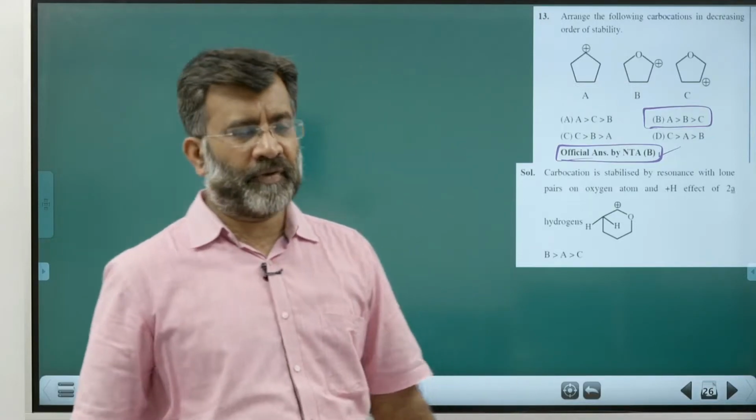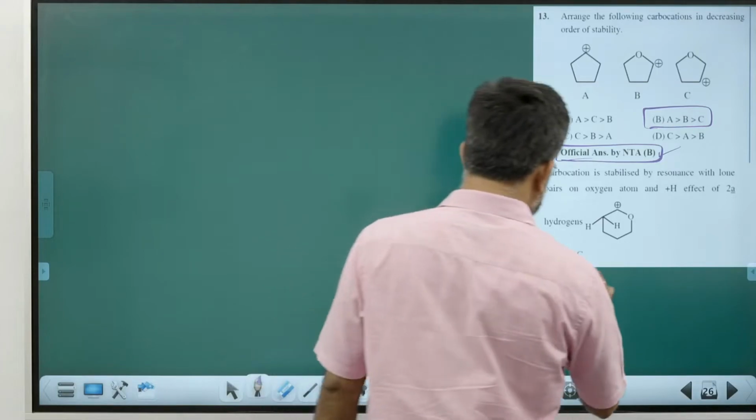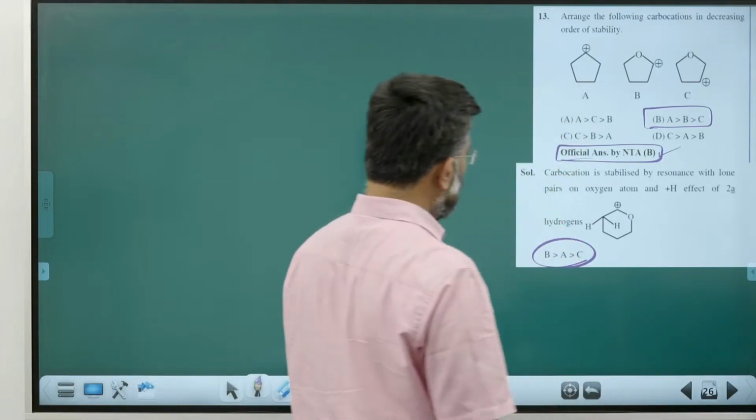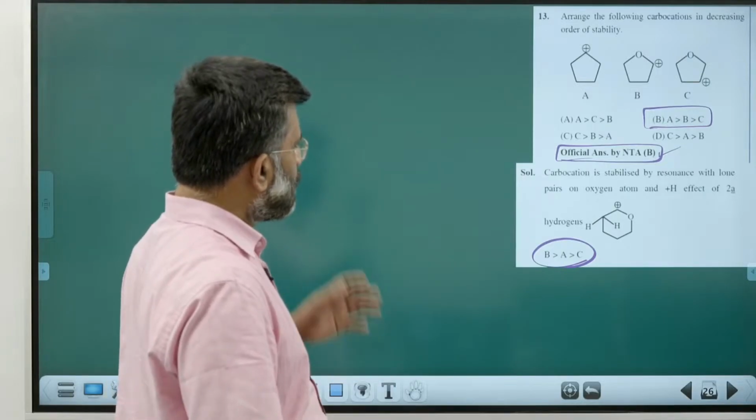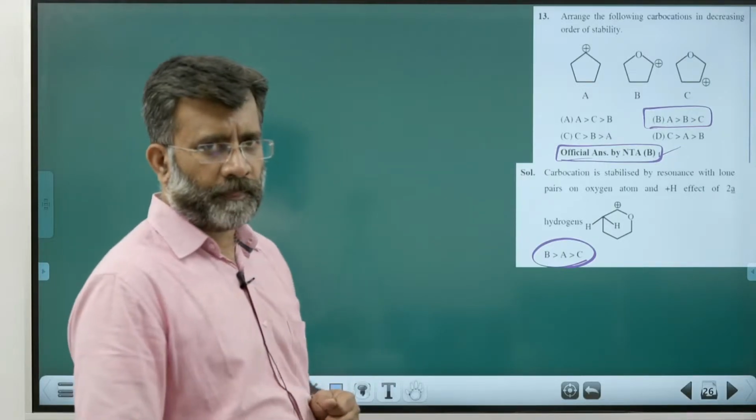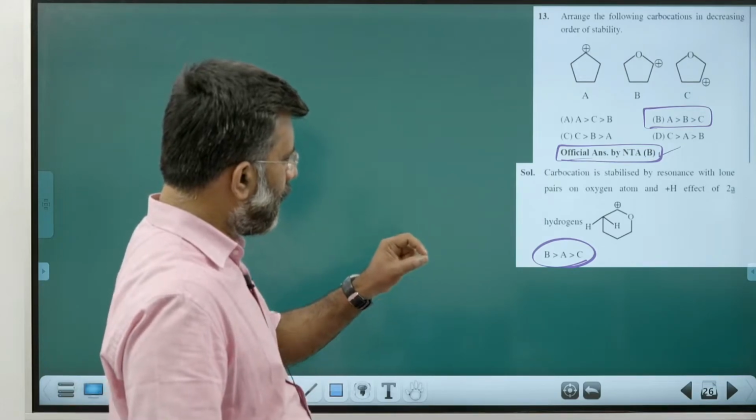A justifiable answer, we can say, is like this: B maximum, then A, then C. And such a choice is not available.